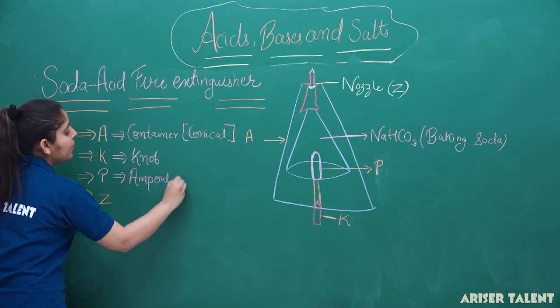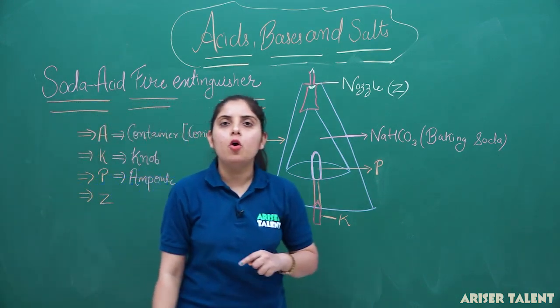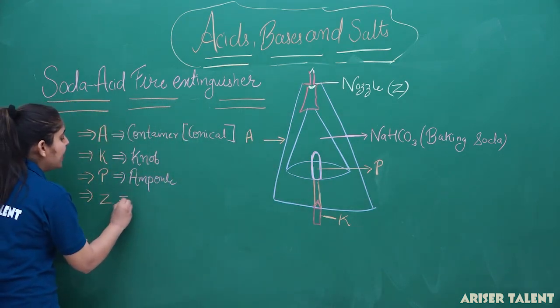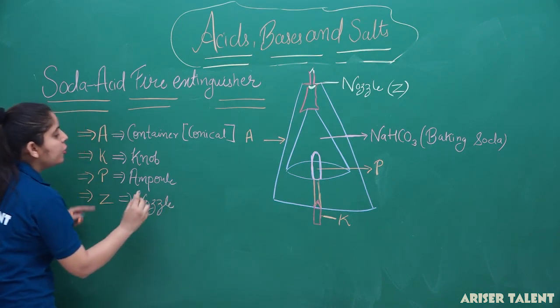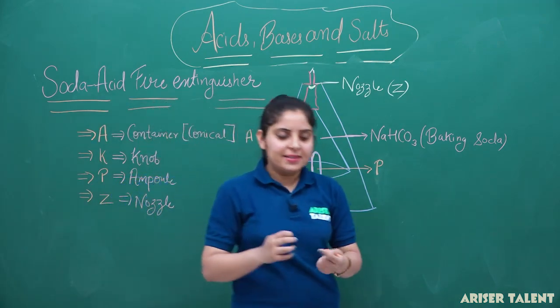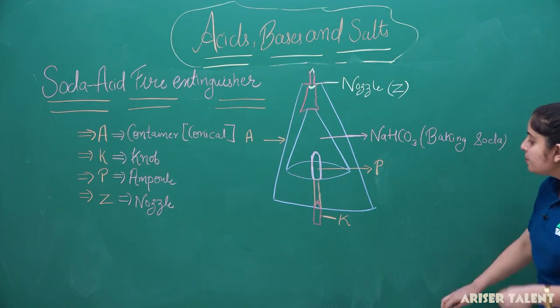In this ampoule we have put an acid, that is H2SO4 or some sort of other acid. Now that is the Z. Z stands for nozzle, and this nozzle is basically used to rush out the carbon dioxide gas in case of a fire accident.